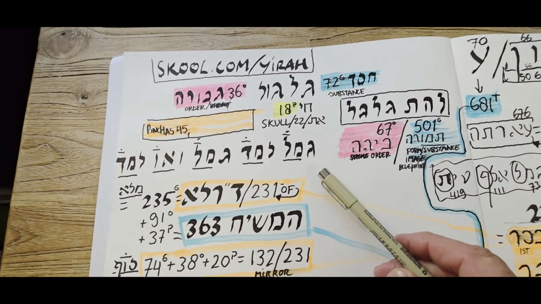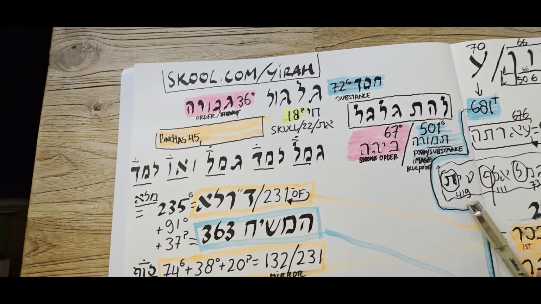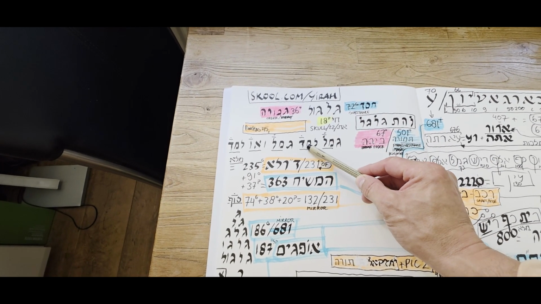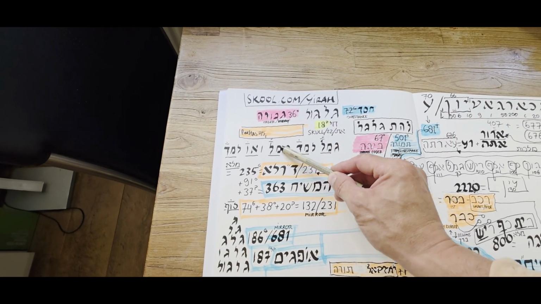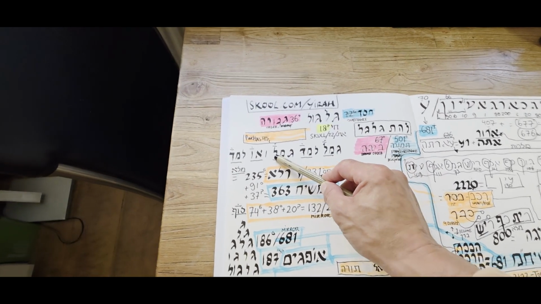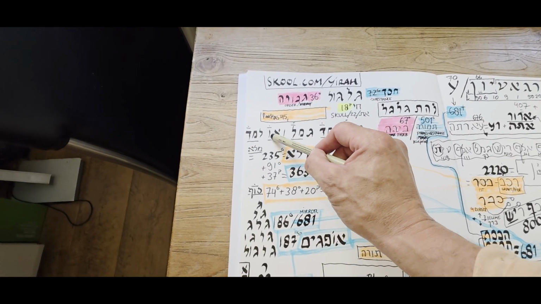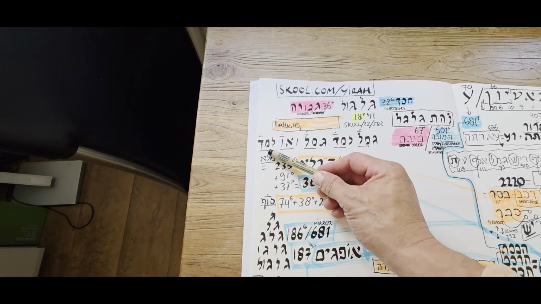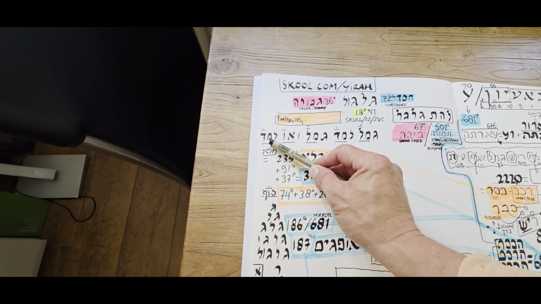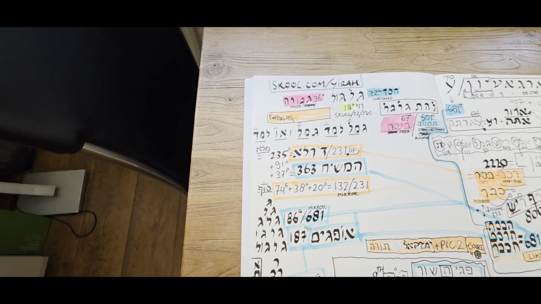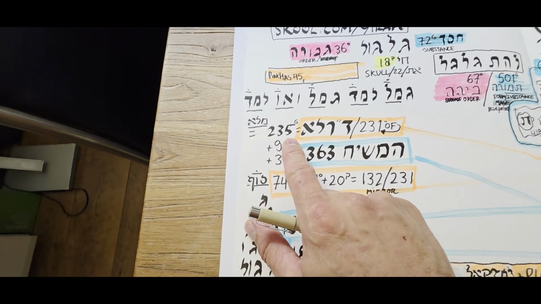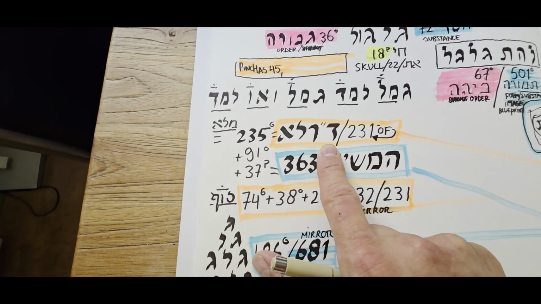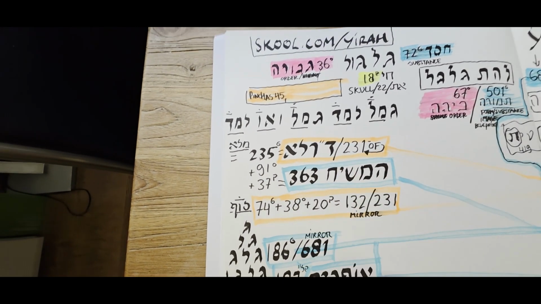So all connected there. Next was the Milui of Gilgul. So 70 plus 44 is 114, plus 70, 184, plus 7, 191, plus 40, 231, plus 4, 235. So we already see 235, the Milui is the value of Rela, 231.